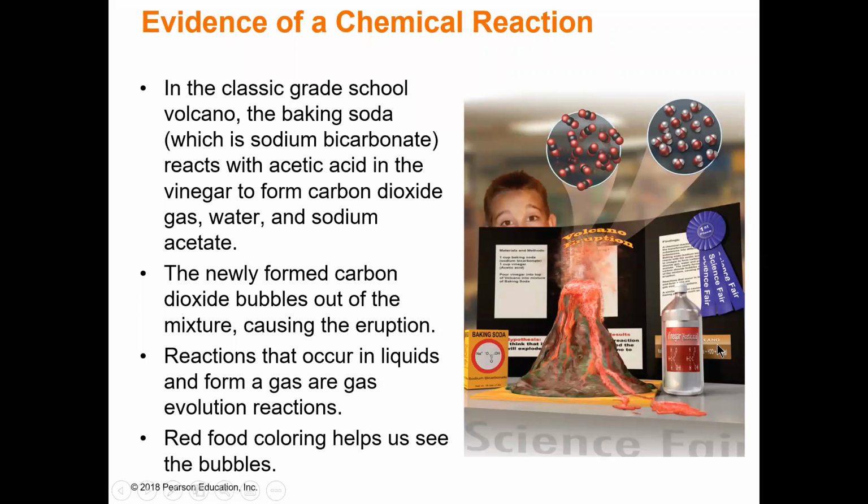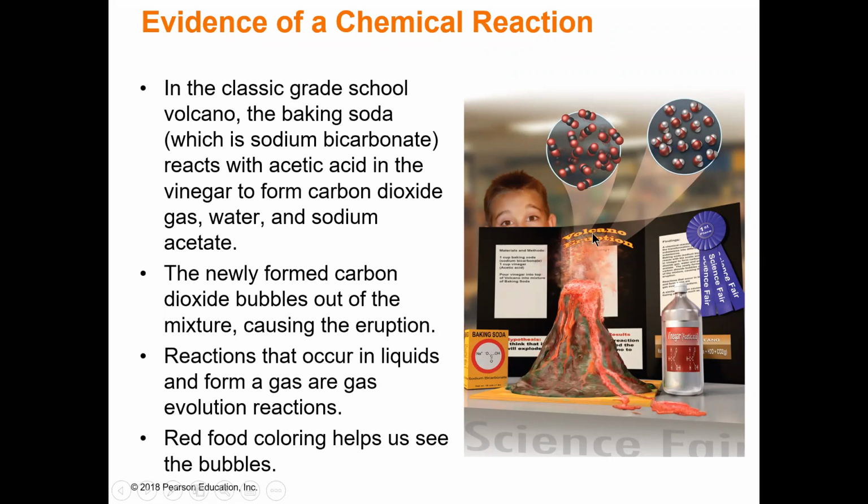So evidence of a chemical reaction: if you've ever done this experiment where you take vinegar and baking soda and make a volcano, it has an effervescent quality, or it fizzes. That's because you're converting the acetic acid in the vinegar and the sodium bicarbonate in the baking soda into carbon dioxide gas and water.